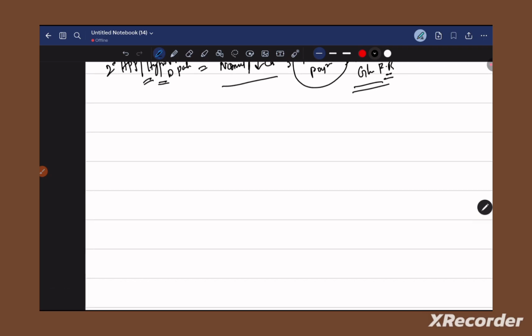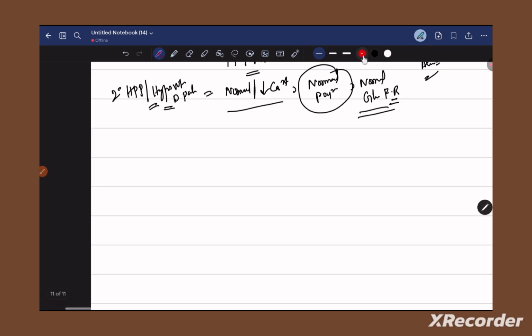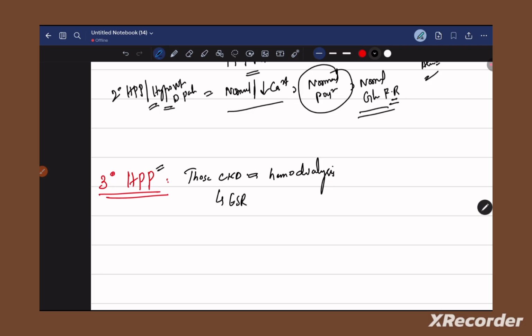Now what happens in tertiary hyperparathyroidism? In tertiary hyperparathyroidism, what would happen is that it is seen in those CKD patients, chronic kidney disease patients, which are on hemodialysis. Okay, means they are in ESRD, end stage renal disease.